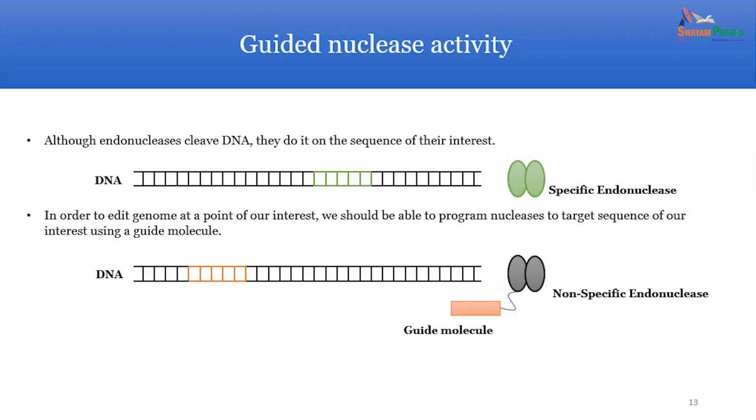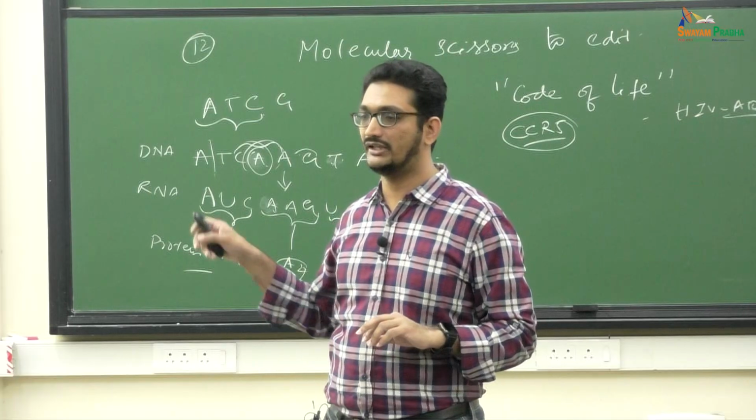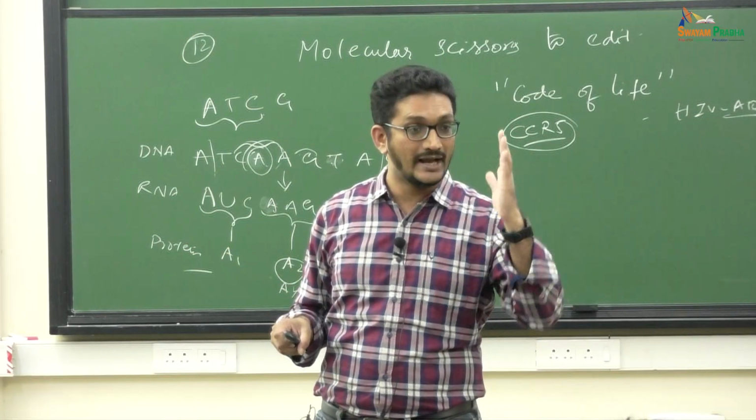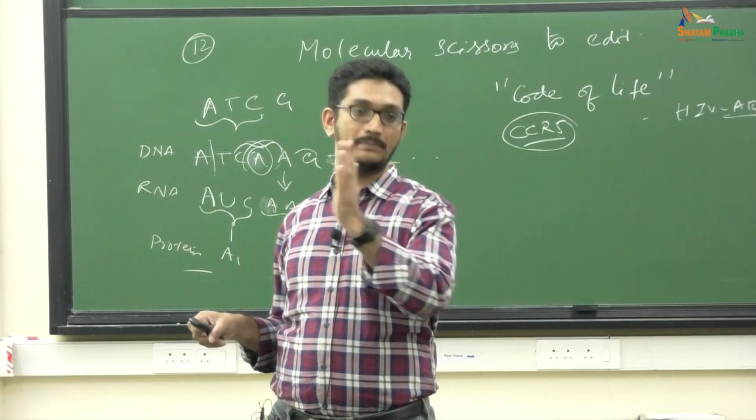But if I want to modify anything I want, I need a non-specific endonuclease guided by a guide molecule that can take it anywhere I want to edit. That is what this system has done. This is called the CRISPR-Cas9 system. It was awarded the Nobel Prize in Chemistry in 2020 for developing a system where you could edit genes at any place you want.